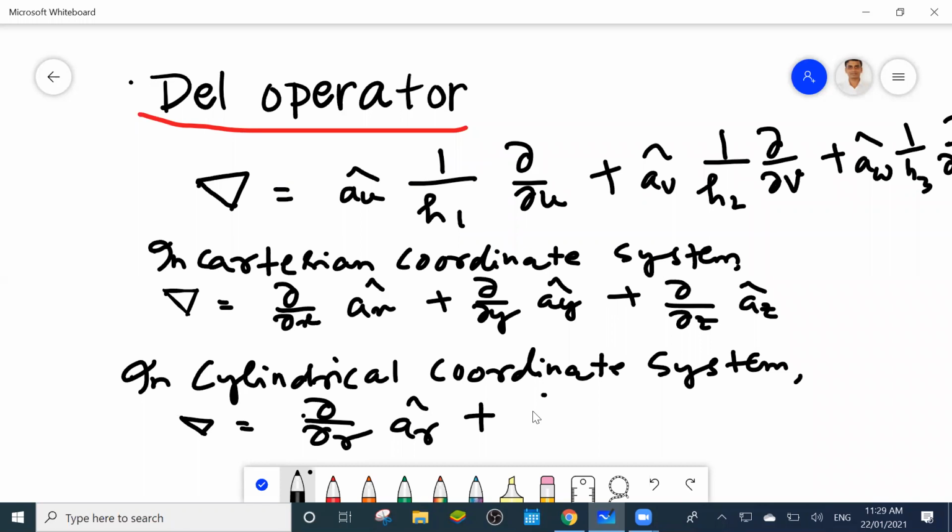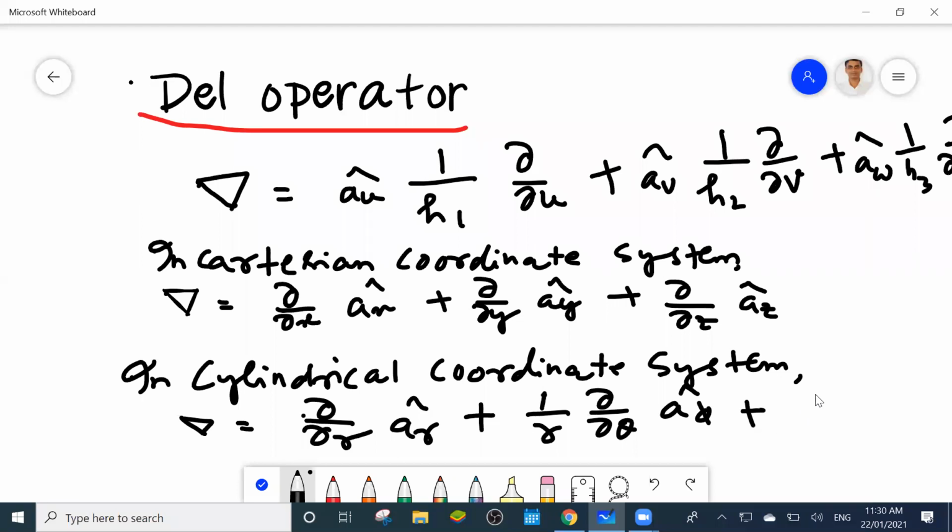What is the value of h2 in cylindrical? R. So 1 by r del by del phi, a phi cap.